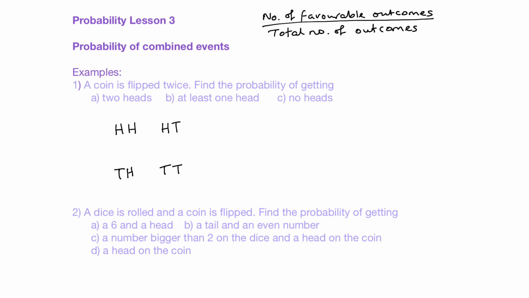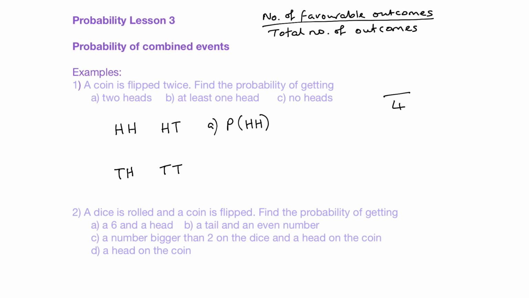So they're the only 4 possibilities. The total number of outcomes, so the bottom of the fraction, is going to be 4, because there are 4 different combinations of flipping a coin twice. So, part A, the probability of getting 2 heads. Remember, we write that as capital P and then the event that we're interested in.